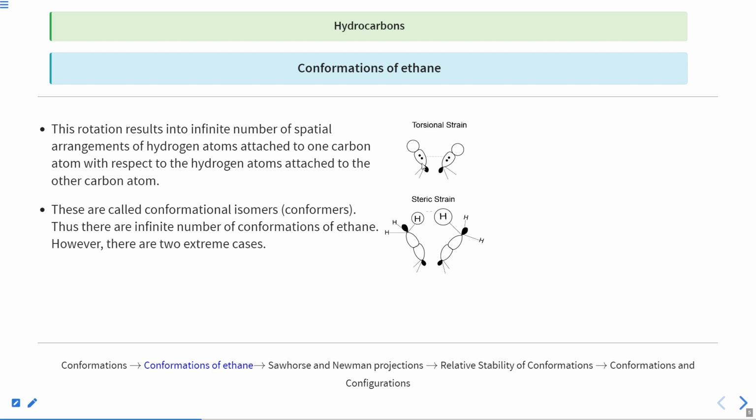So when we place two electron densities parallel to each other, such that if we view it from the left hand side, this side is not visible, then that would result in electronic repulsion between the bonded electrons. So what I mean here is that the steric strain is due to the repulsion between the electrons that are present on the atoms, whereas torsional strain is due to the electrons that are present in the bonds. Clear? So this is the difference between them. You should be aware of it.